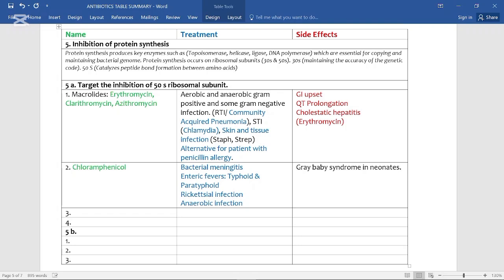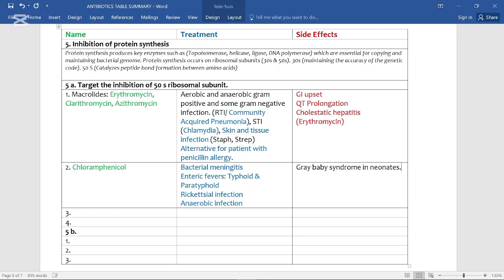This drug, the chloramphenicol, tends to cause this syndrome in neonates, the gray baby syndrome. Why? Some of the neonates lack a very crucial liver enzyme, and that enzyme is called glucuronyl transferase. Yeah, so this liver enzyme is always very essential when it comes to metabolizing this drug.